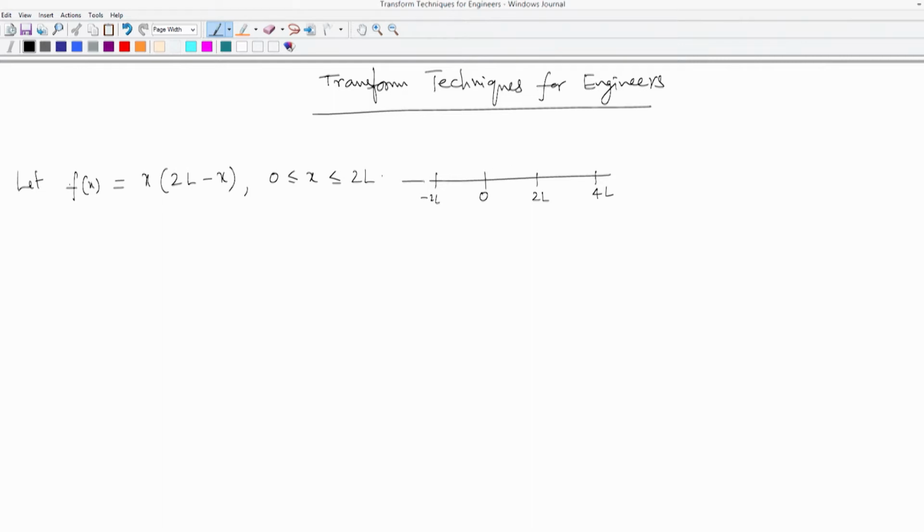Whatever the function is here, it is going to be repeated everywhere. Any function defined on a finite interval can be extended over the full real line as a periodic function. So consider this as a time signal.